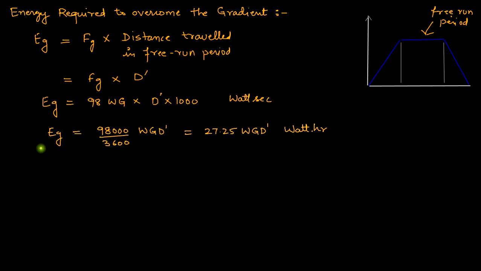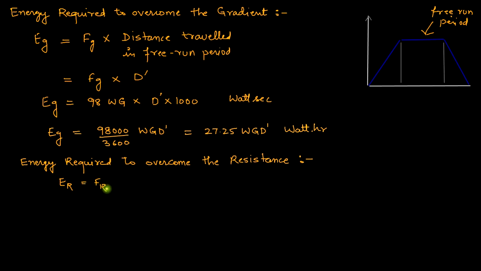Similarly, we will calculate now the energy required to overcome the resistance, and this will be equal to Er equal to the force required to overcome the resistive forces times the distance traveled in the resistive period, and we have considered the resistance period to be only in the free running period, so we will write d dash here. This will be equal to W into R into d dash, but over here d dash is mentioned in kilometers, so we need to write it in meters.